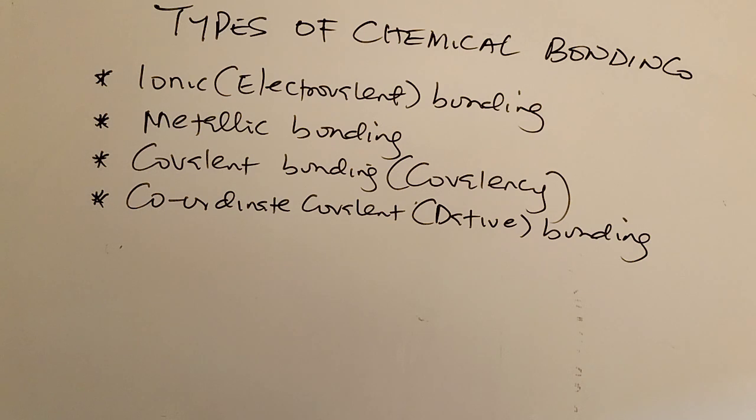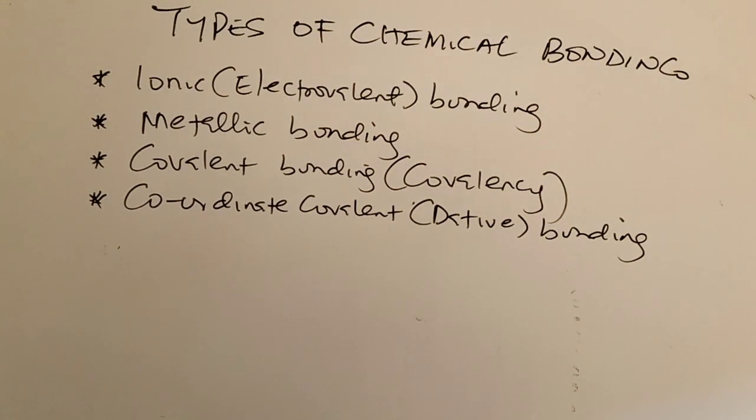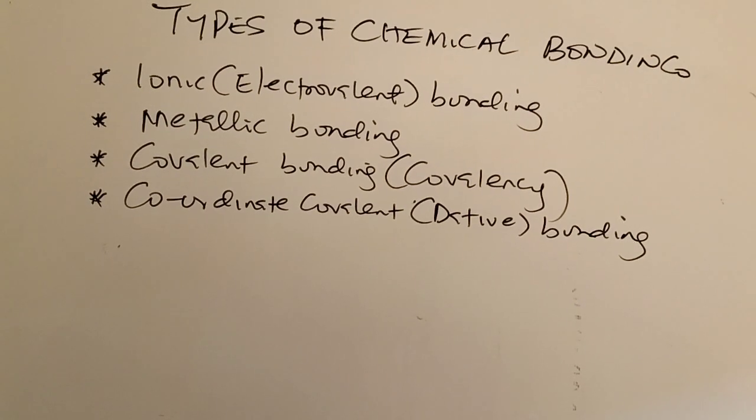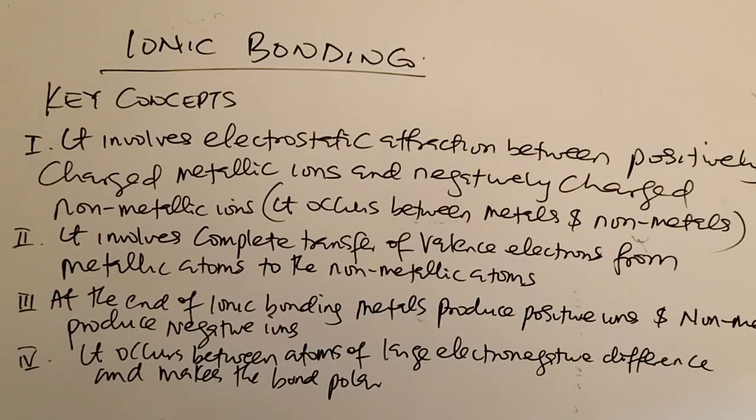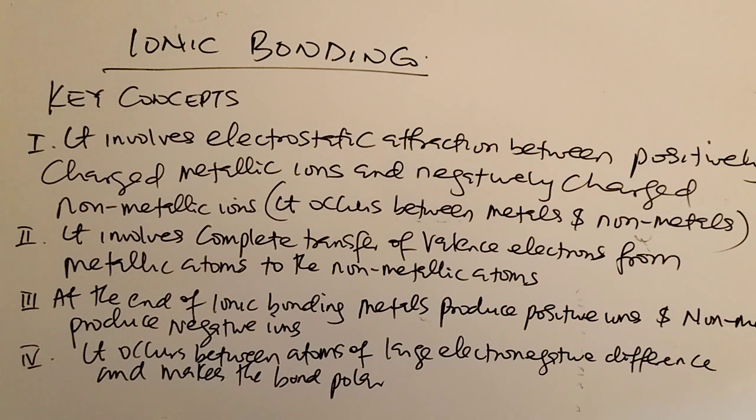We shall now start discussing them one by one and give illustrations for each of them. So we're going to start with ionic bonding. So we'll now look at the key concepts of ionic bonding. I'll have them itemized on the board. So what is involved in ionic bonding or in electrovalency?